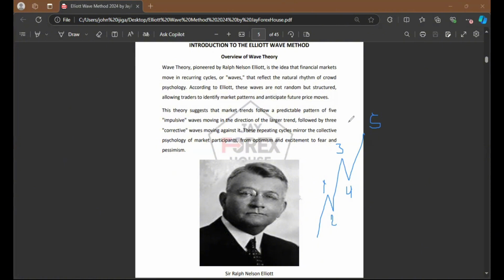So he believes that it moves in a 5 impulsive wave leg, 1, 2, 3, 4, 5, and also in a 3 corrective wave leg, which is the A, B, and C. So you have this as A, this as B, and this as C. Okay, so this is a corrective pattern, and this is an impulsive pattern.